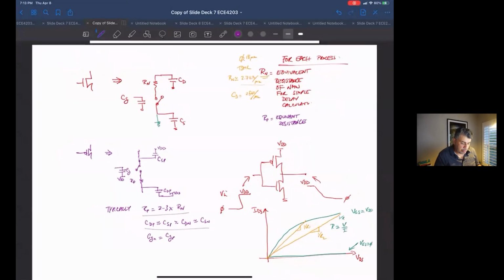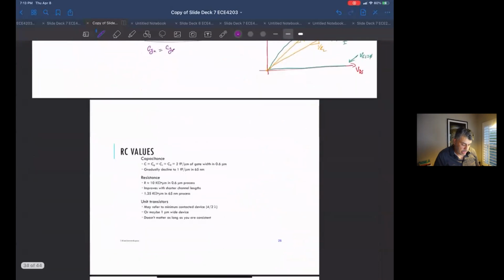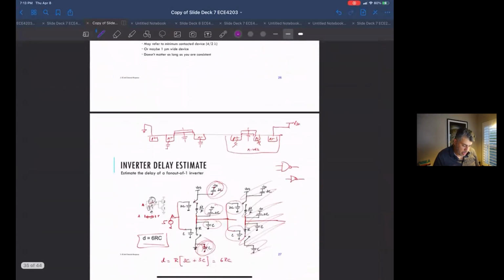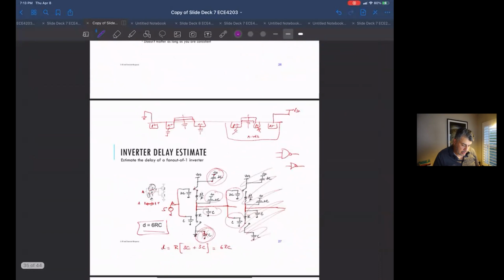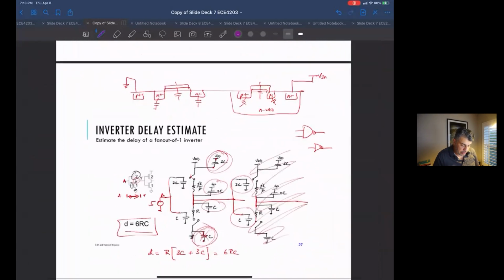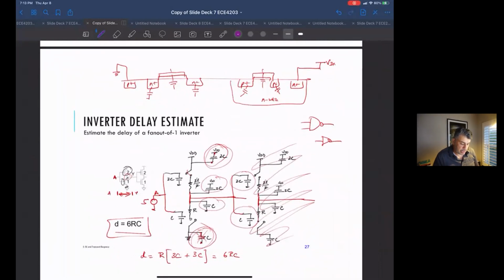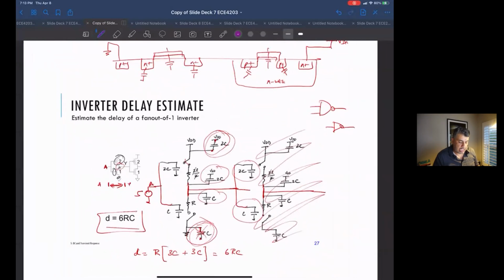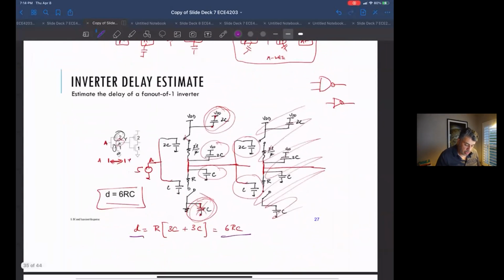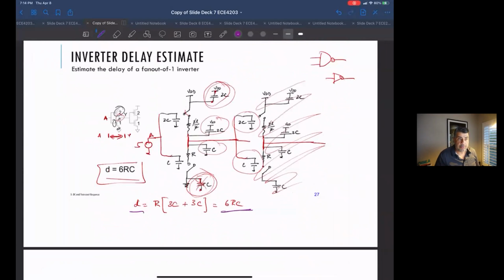Okay, so we end up with this really simplified model. This kind of talks about all this stuff. And with it, we can do this really, it didn't seem so simple, but believe me, it's a lot simpler than doing hand calculations with these weird IV curves and all that kind of stuff. And we ended up with this delay of 6RC for an inverter. Okay, so if you have an inverter driving another inverter, the delay ends up being 6RC.